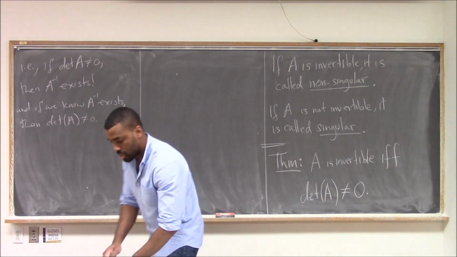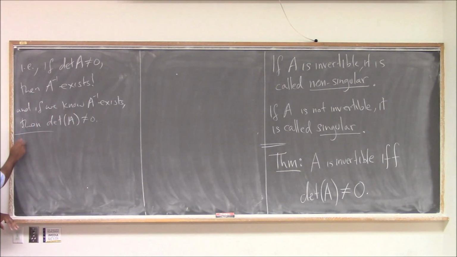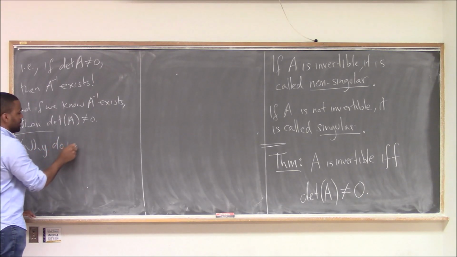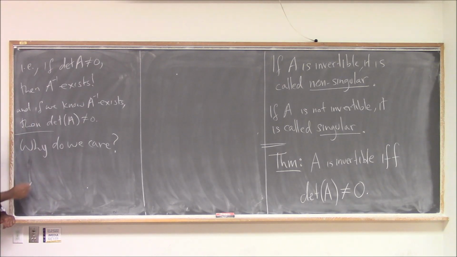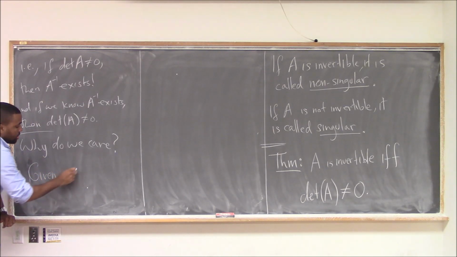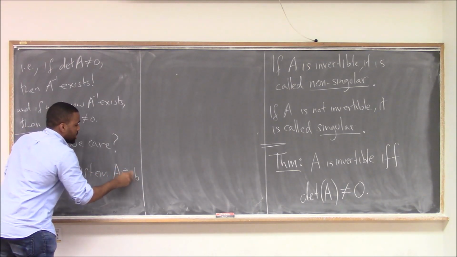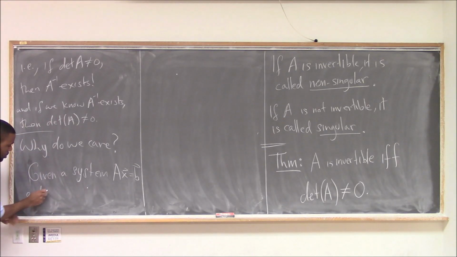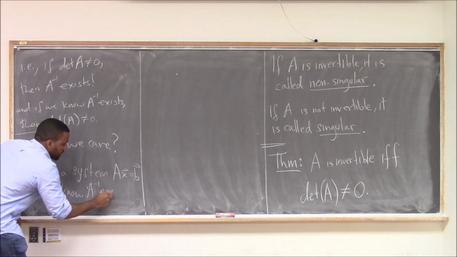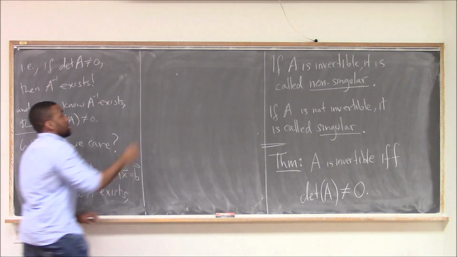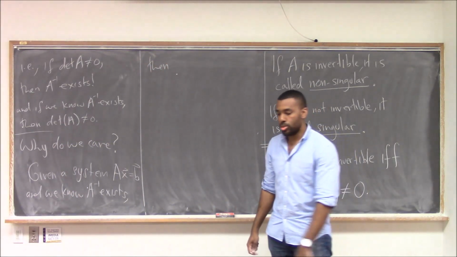So inverses are useful in a lot of ways in general, but why do we care? If you're given a system AX equals B, and we know A inverse exists, then basically what that means is I have a shortcut for finding the solution to that system.